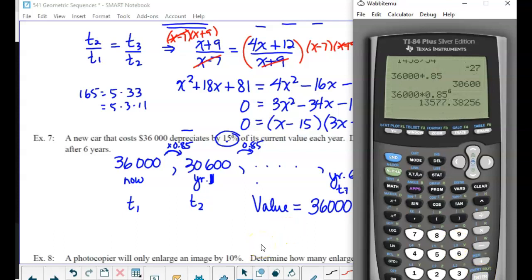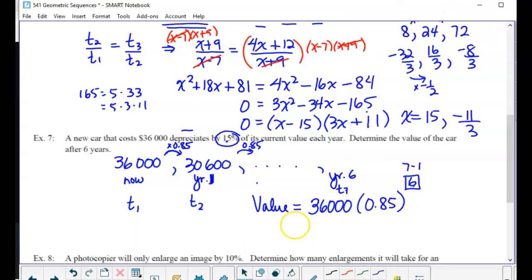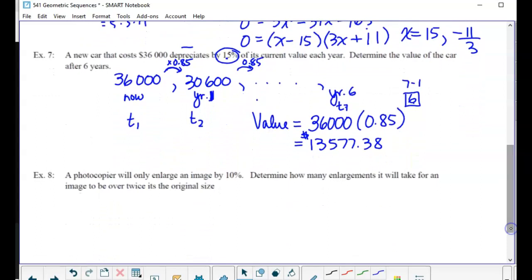And then round to the nearest cent, 2 decimal places, so 13,577.38. All right. So just be careful for the applications, because often the first term is not the first year. We start now and then after 1 year, something like that.